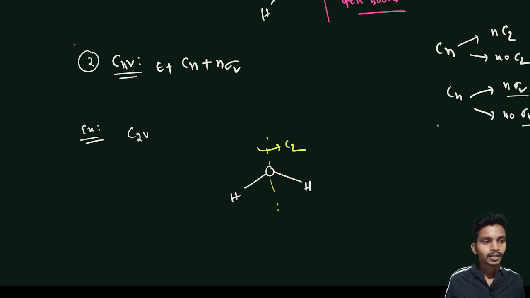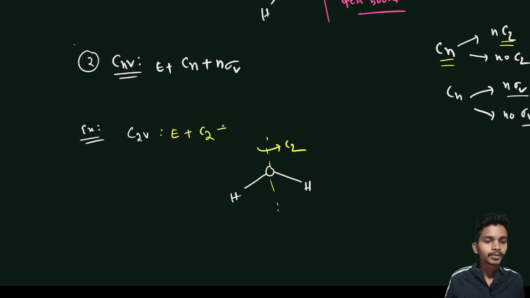But here the principal axis itself is the C2, so this C2 itself is the Cn, and only one C2 is present in this case.